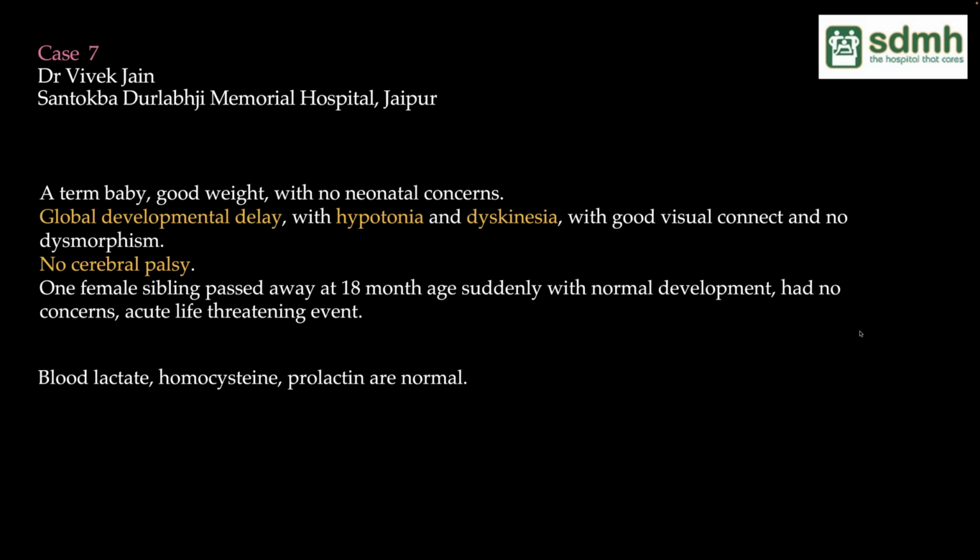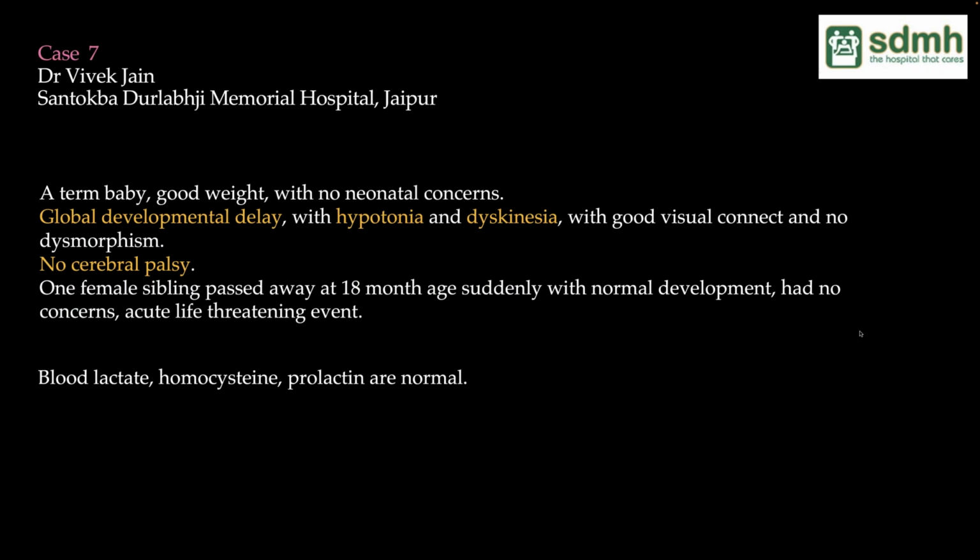So this is a 9-month-old baby who had global delay and central hypotonia with significant dyskinesia, choreiform movements, with good visual connect, no dysmorphism, low tone, not high tone, in legs and arms.